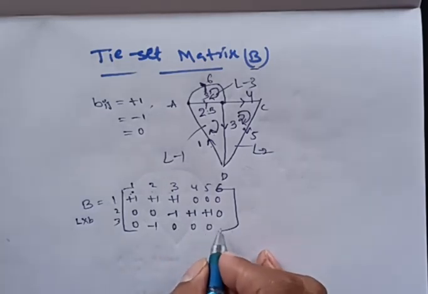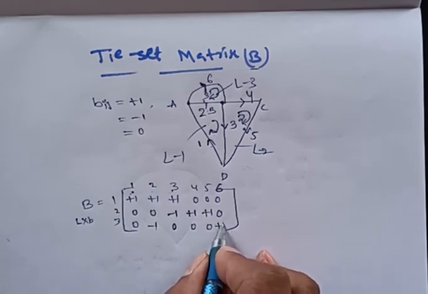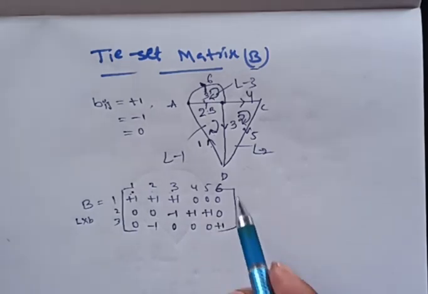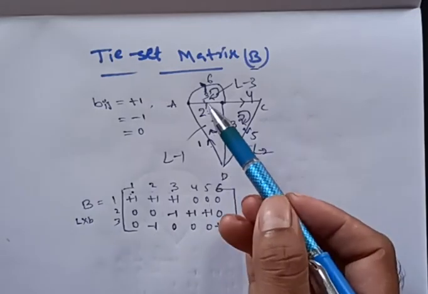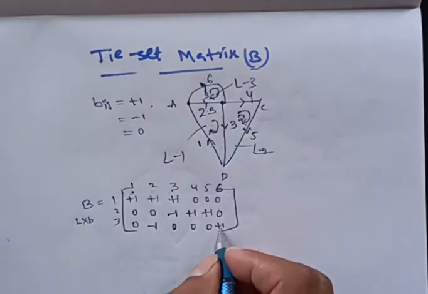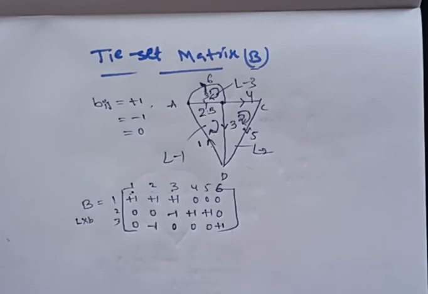Branches 2 and 6 exist in the third loop, and one coincides with the direction of the loop while the other does not, so we place -1 and +1. This is the way one can fill the tie-set matrix.